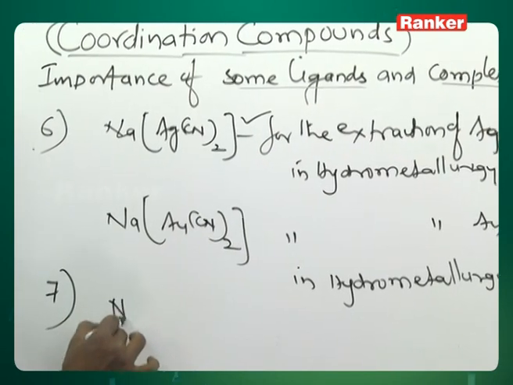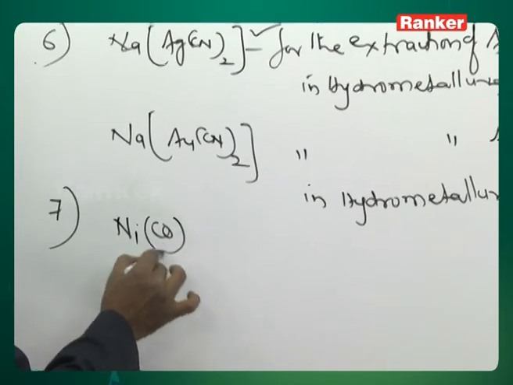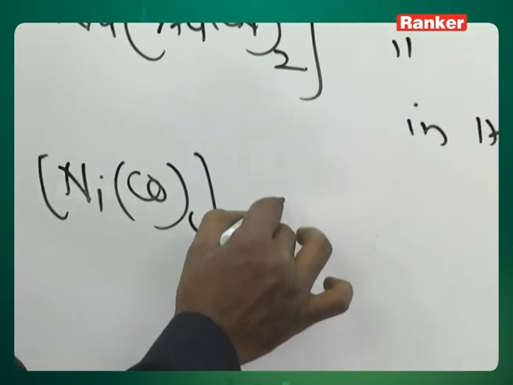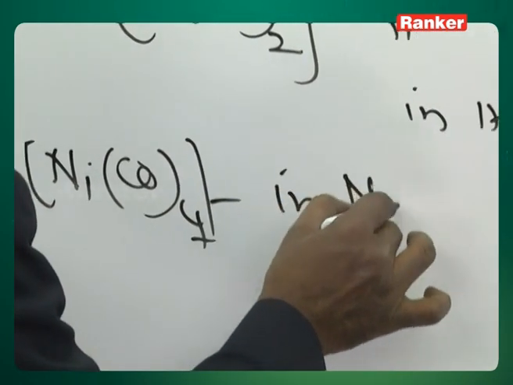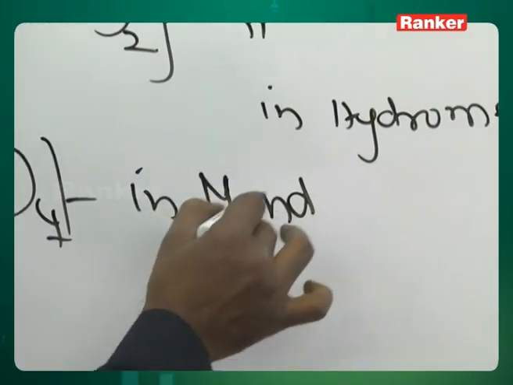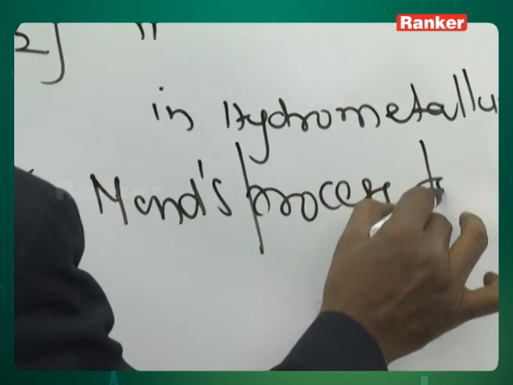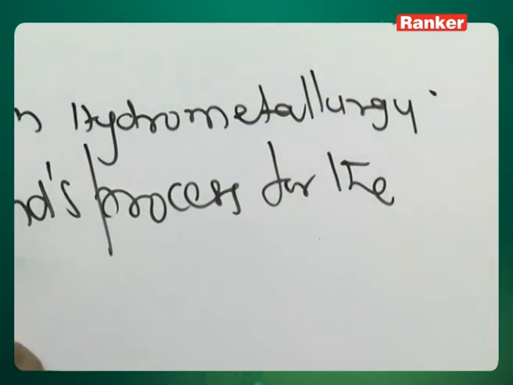See, nickel tetracarbonyl, one of the famous complexes you might be knowing, is used in Mond's process for the extraction of nickel.